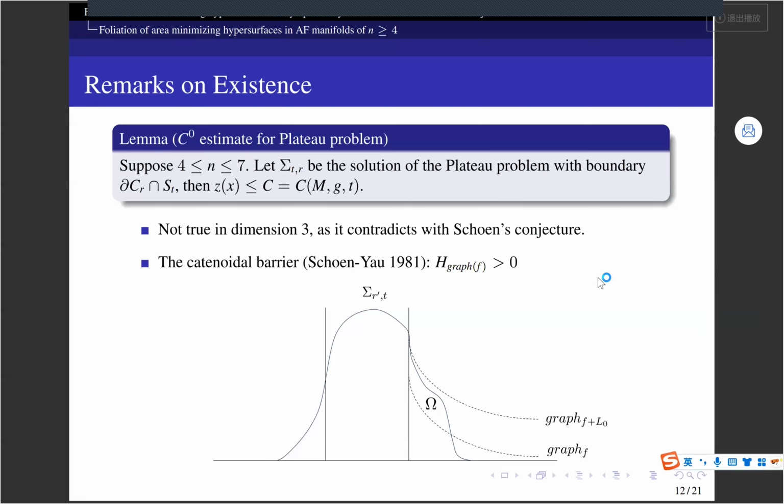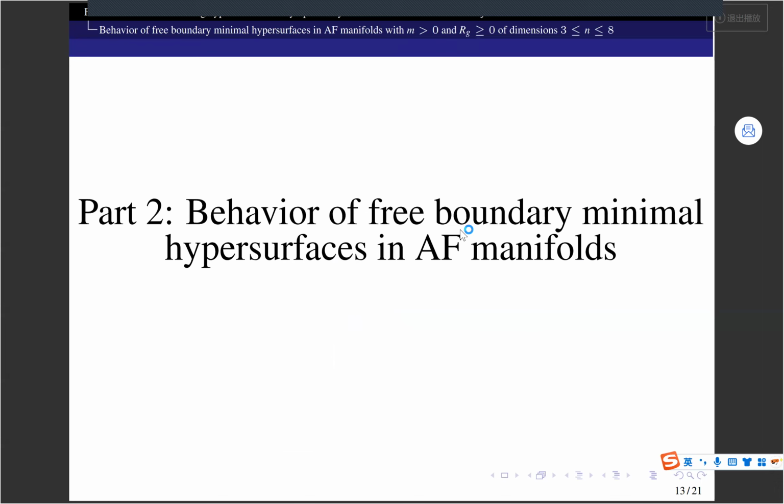Yeah, so this is all about the foliation result, and in the remaining part, let me just present some applications that concern the behavior of free boundary minimal hypersurfaces in AF manifolds.